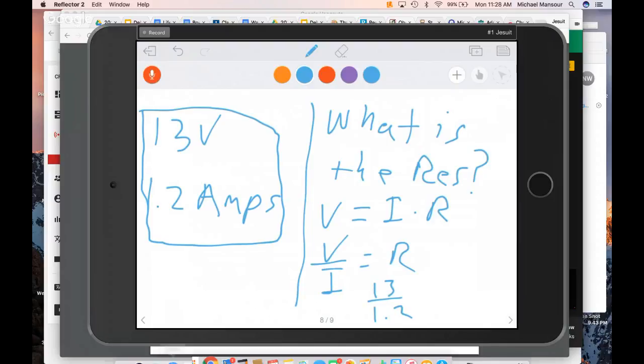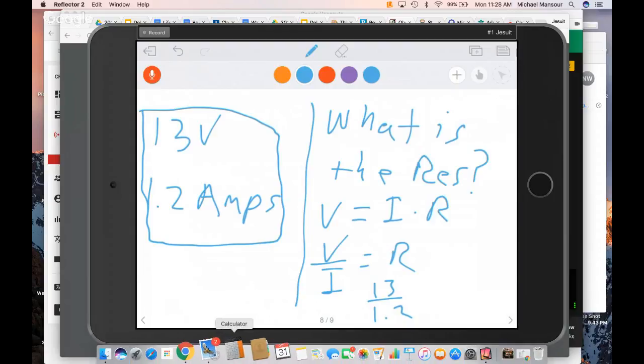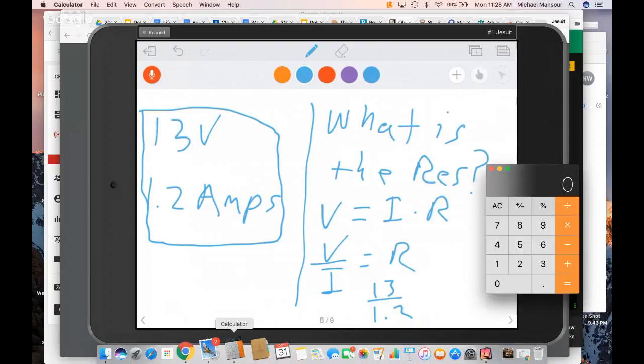I'm going to use my quick calculator so I get a more exacting answer. 13 divided by 1.2 equals approximately 10.8 ohms of resistance, 10.8 R. All right, so you would need to make sure that you get these three things when you write your answer.